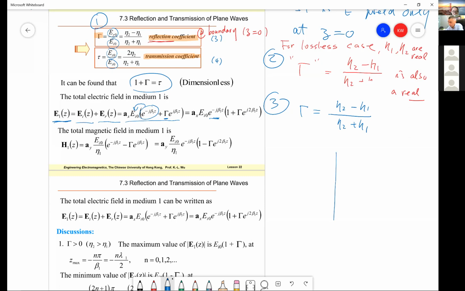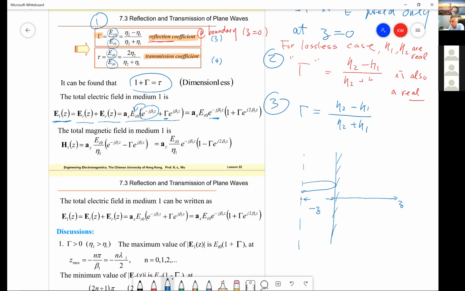If I have a boundary, and this distance is minus z, because I go away from the boundary, that means the wave goes one way and comes back.